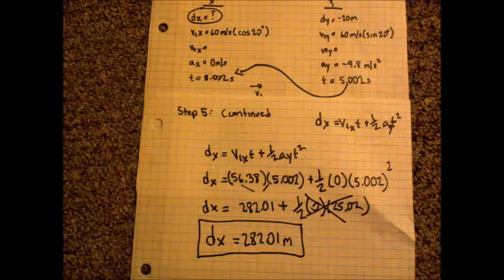For VIX it's 56.38, and for the time t it's 5.002, and AX, since it's 0, whatever you multiply by 0 is going to equal 0, so I just crossed it out. So the answer is dx equals 282.01 meters, and that's how you solve projectile motion.